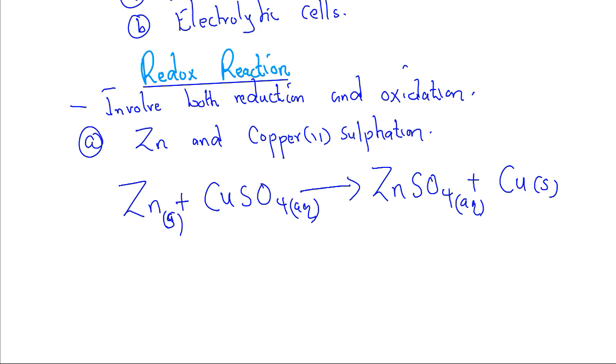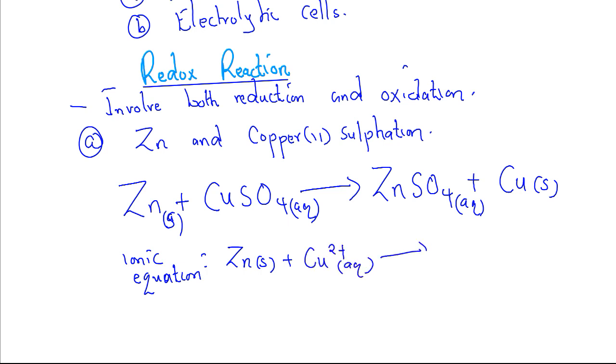So the ionic equation will be: zinc solid plus copper 2 ions giving zinc ion plus copper solid.